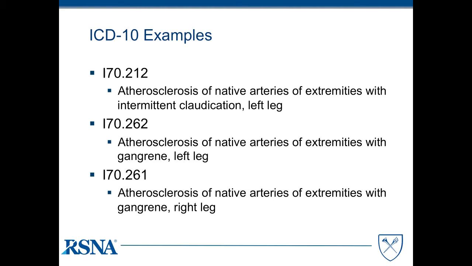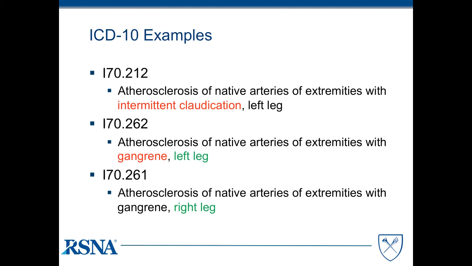Let me give you some examples of the level of granularity in ICD-10 coding. These new codes can be anywhere up to 7 digits, as I'll talk about shortly, but I'm going to focus on some 6-digit examples for lower extremity atherosclerosis. Here are 3 codes with descriptors that at first glance seem pretty similar. Just a minor change in how a disease presents. The atherosclerosis is complicated by intermittent claudication rather than gangrene, for example, changes the code that you need to use.